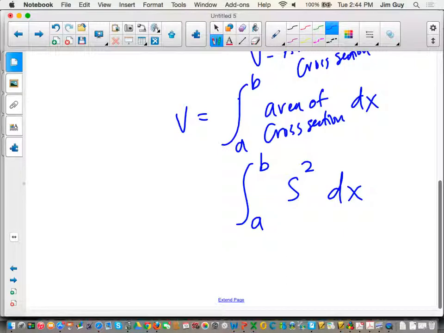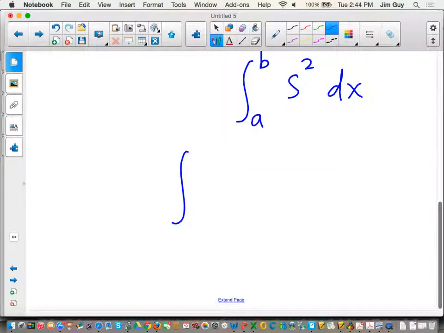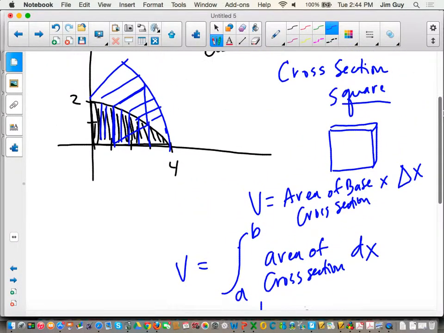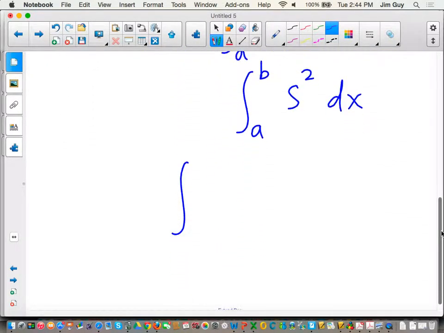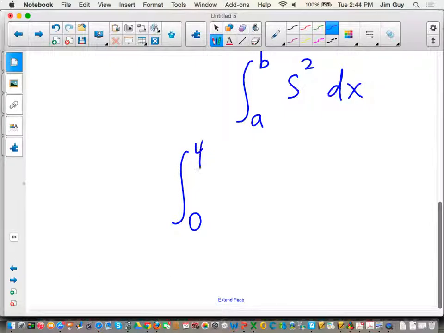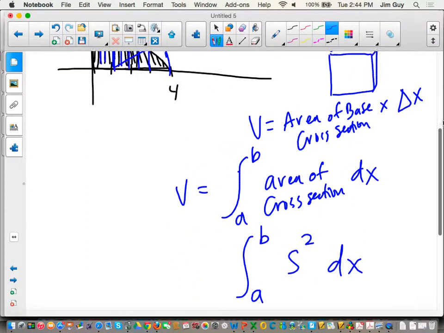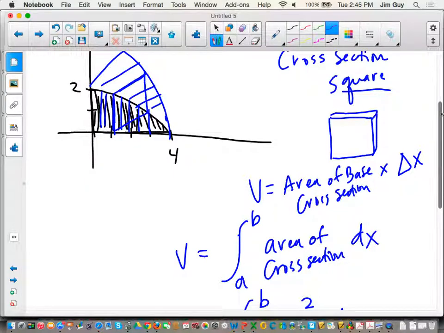So to do this problem, the x values from the beginning to the end, when you look at your graph, would be, as you can see, 0 to 4. The side of one of these squares, well, that's just this length right here. This cut, that's the side, that's the base. That's S. Well, that's top minus bottom.